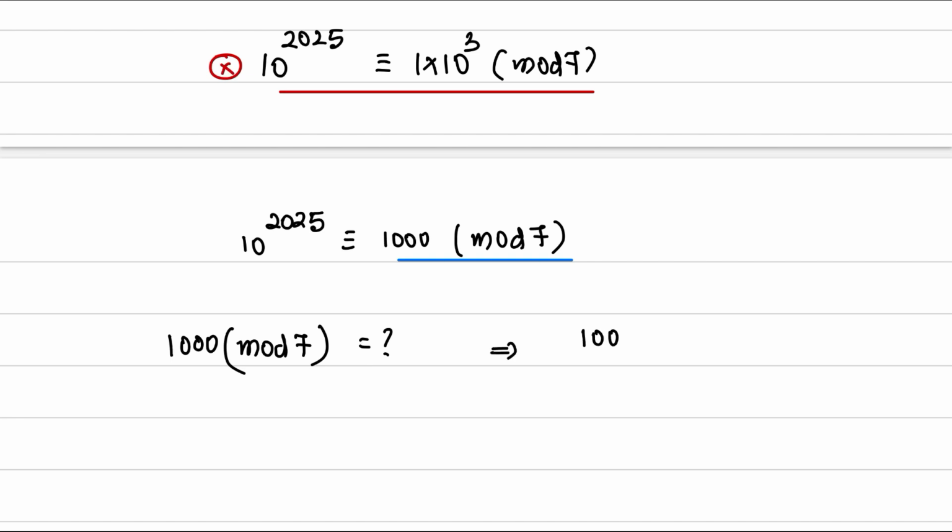What is 1000 divided by 7? Because from this we can understand that when 10 to the power of 2025 is divided by 7, there is a remainder of 1000.